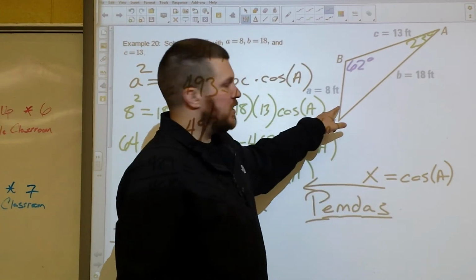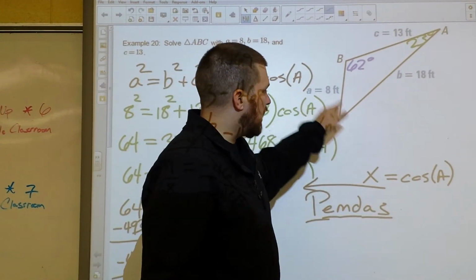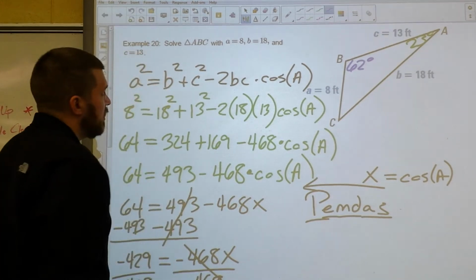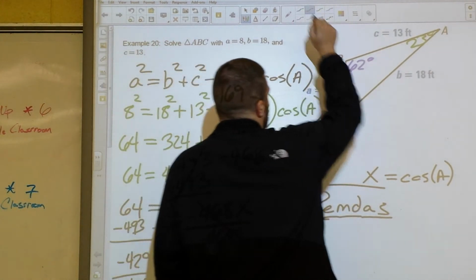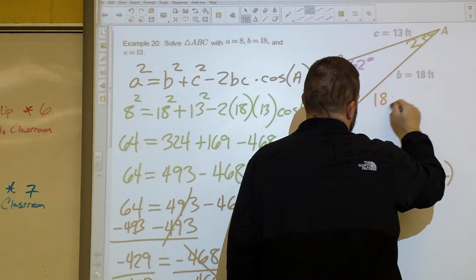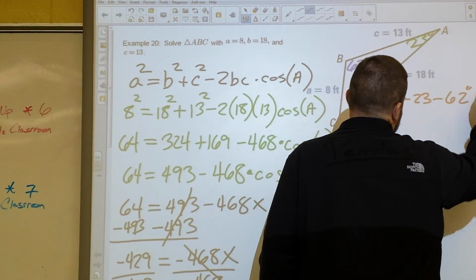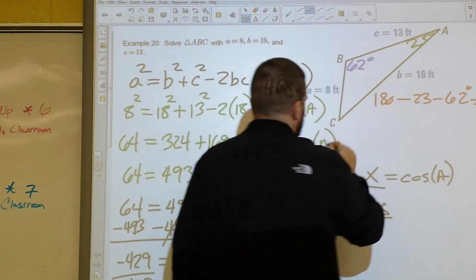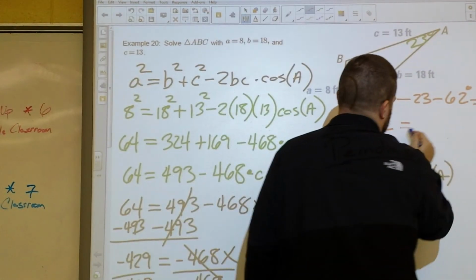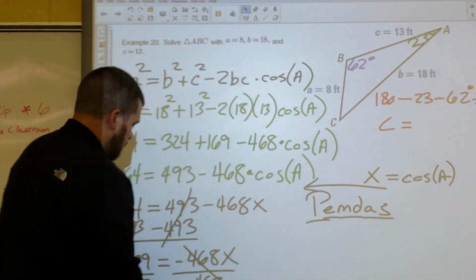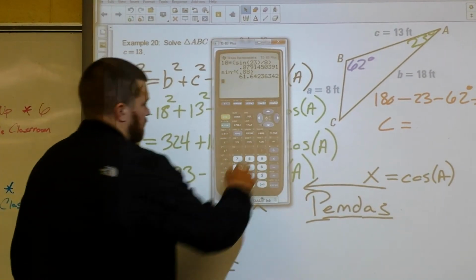Now to finish solving the triangle, I just need to find the last angle here. And I know that all three angles add up to 180 degrees, so I have 180 minus 23 minus 62, and that's going to be equal to angle C. Alright, so again, use my calculator for the last step.